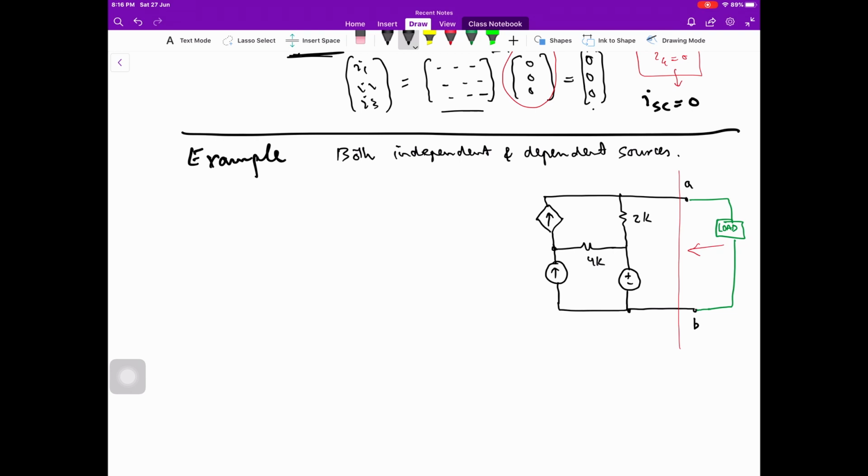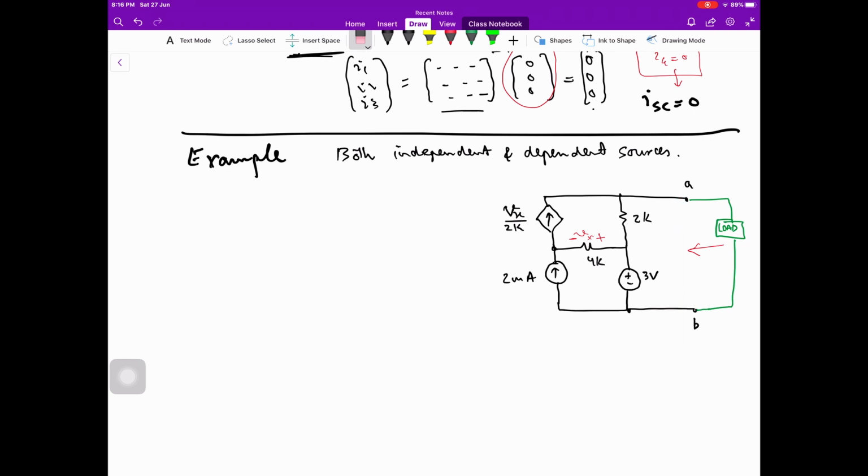This is Vx divided by 2000. This is a 3 volt independent voltage source. This is an independent current source of 2 milliampere, and the control variable in this dependent current source is Vx, and Vx is the voltage which appears across this 4K ohm resistance.